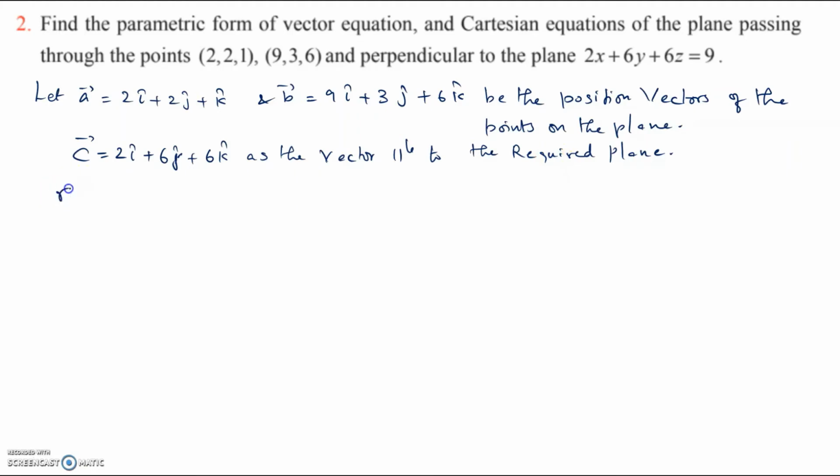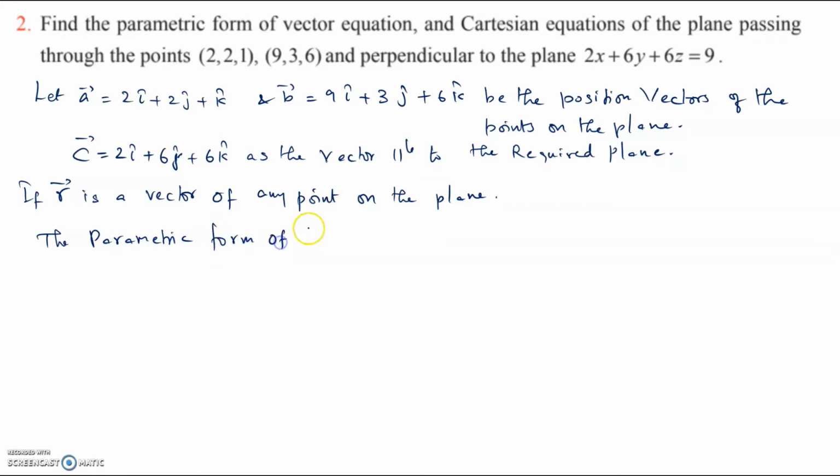If r vector is the position vector of any point on the plane, then the parametric form of equation is given by r vector is equal to (1 minus s) a vector plus s b vector plus t c vector, where s and t are scalar quantities.